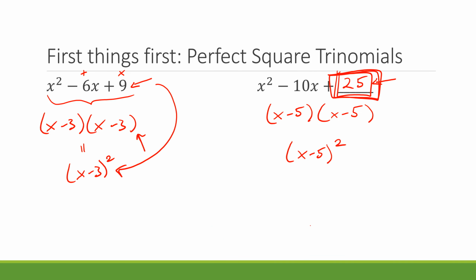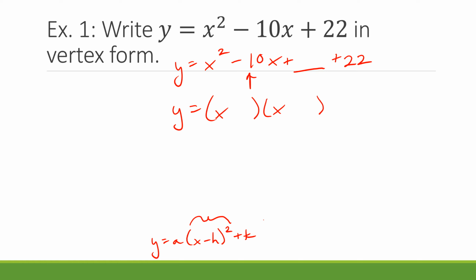We decided on the last slide that with -10, that number was -5, because -5 plus -5 gives me -10. Awesome. Keep in mind the number that would do that is 25, because -5 times -5 is 25. If you were to factor this, what adds to -10 and multiplies to 25, you would get -5 and -5.